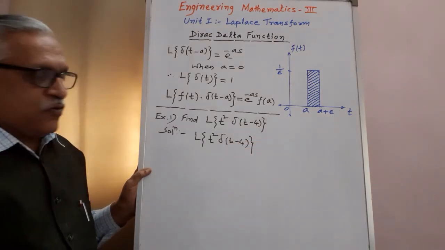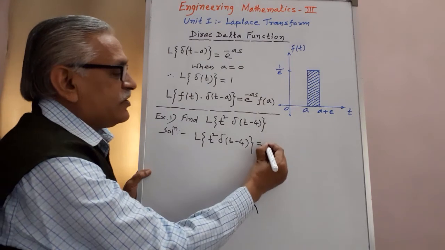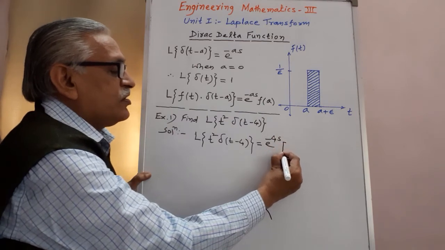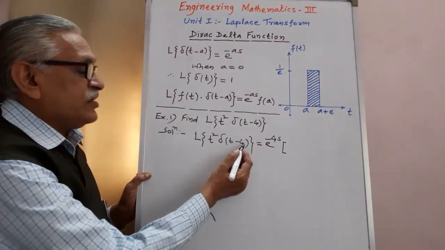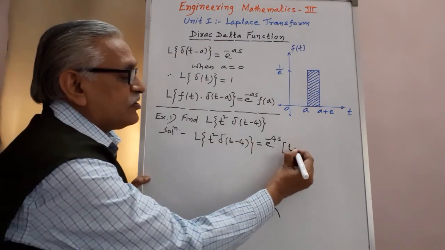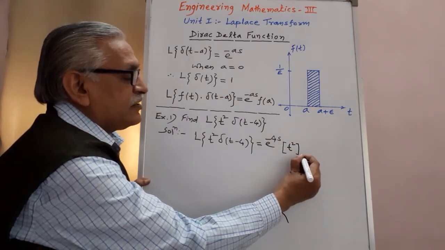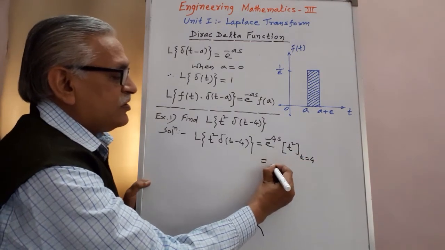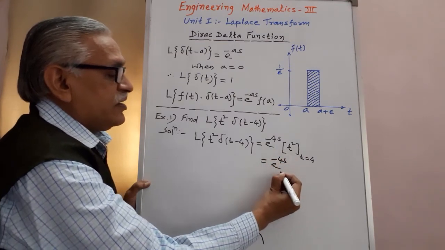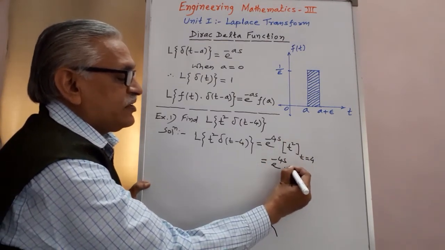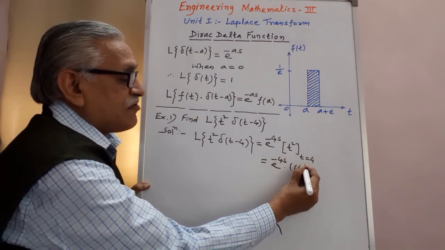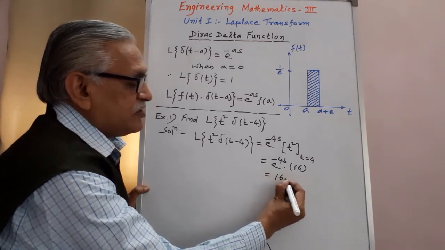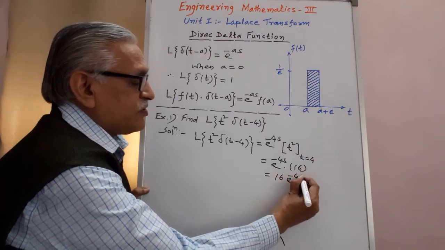Here t minus a is 4, so it is e raised to minus as, a is here 4, therefore e raised to minus 4s into the value of the function at t equals 4. The value of t square at t equals 4 gives e raised to minus 4s into 4 square, which is 16, and therefore that value is 16 into e raised to minus 4s.